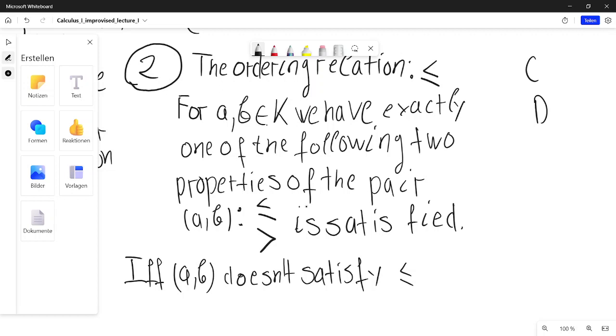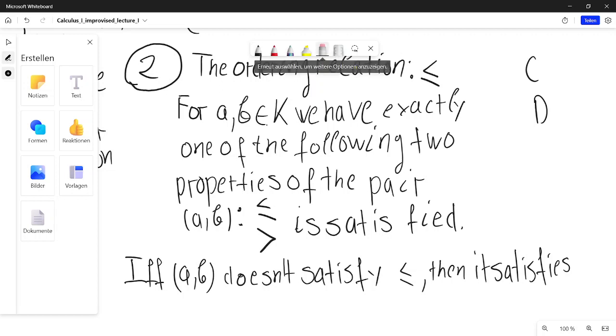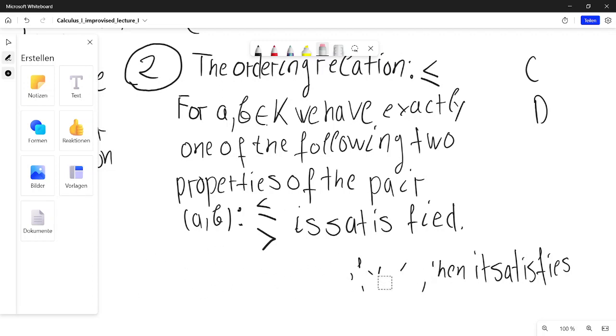If AB doesn't satisfy this, then it satisfies the other. Okay, it actually already follows from that, because if that is not satisfied, and we know it does satisfy one of them, it satisfies the other, so we don't need that. I thought for some reason that we need that, but no, we don't, of course.